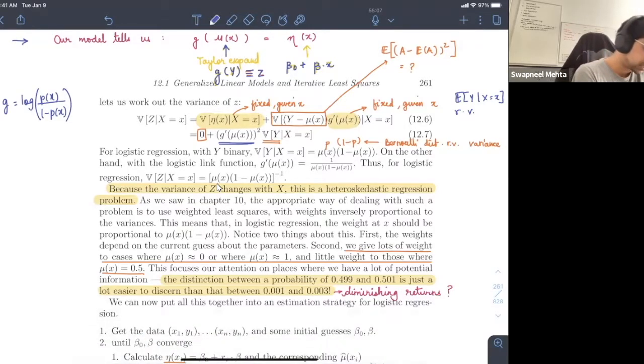So the expected value of a random variable a is a constant, a mu, right? But the conditional expectation of a random variable b given a is probably a function of this value of a that it is taking here.